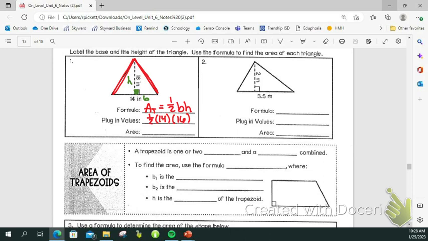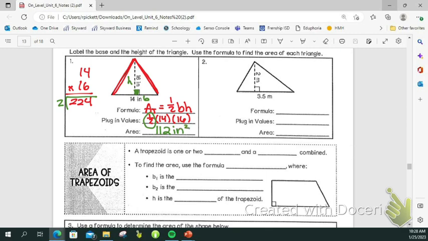So 14 times 16 is 224. And then you can't forget to divide that by 2 and half it. When we divide 224 by 2, that gives us an area of 112 square inches.